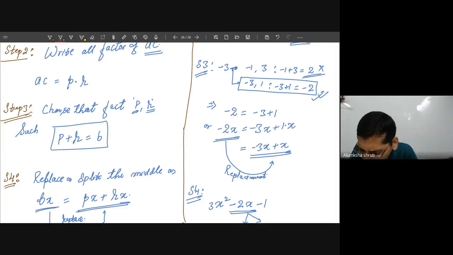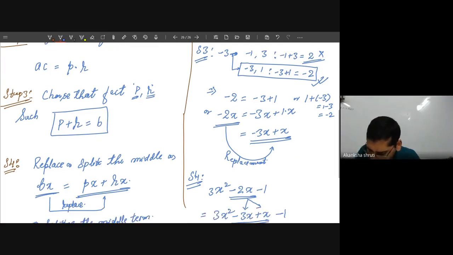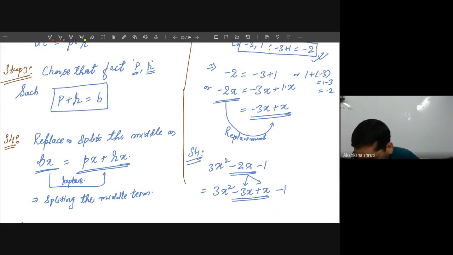Even if you write it like this, 1 plus minus 3x, it means the same thing. It is like 1 minus 3, it is minus 2. So we have to replace this minus 2x, not the 2x. Okay, student? So the addition of these 2 terms gives the middle term. So minus 2x is converted into minus 3x plus x.